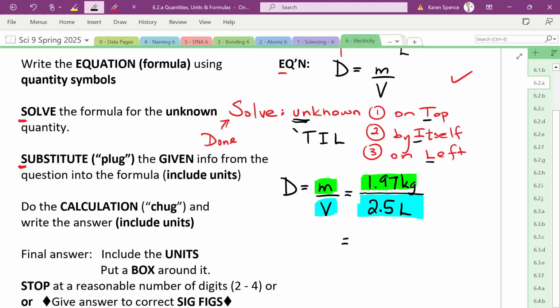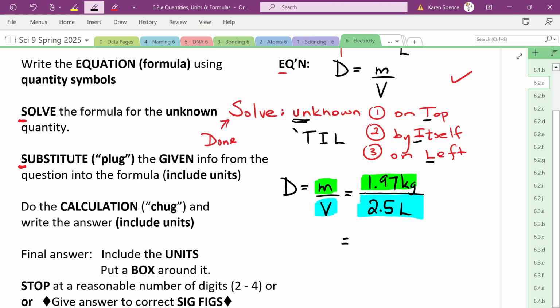Otherwise, I'm finding that buying calculators, because I purchase them with my own money, is becoming a very expensive endeavor. Every time one goes missing, that's $10 thrown away. It's like I'm just throwing away $10 bills here and there. $10, $10, $10, $10. And I don't have that kind of money. So cell phone for calculator. And if you don't have a cell phone, we'll think of something else. All right.